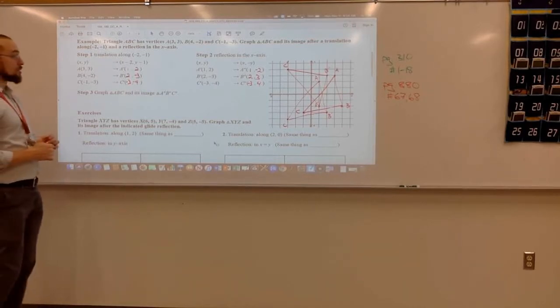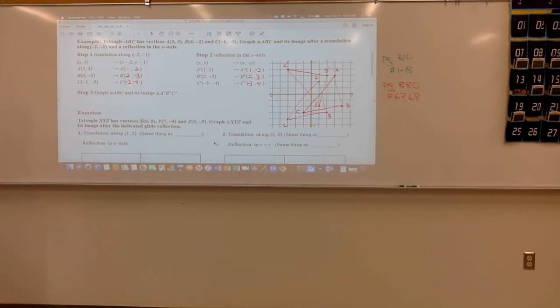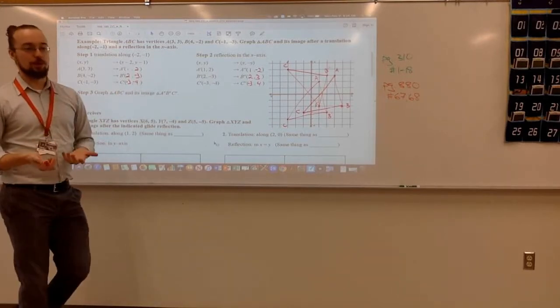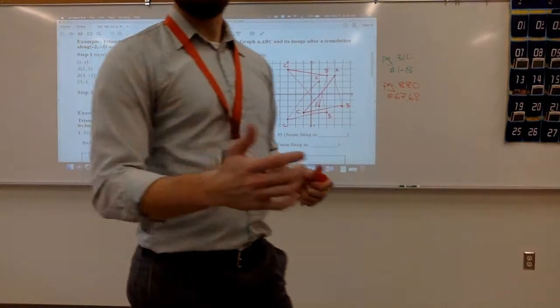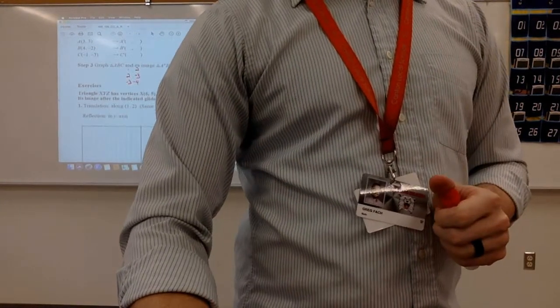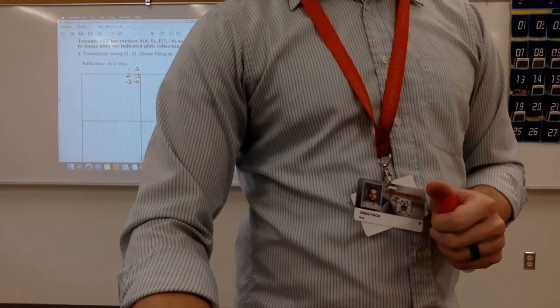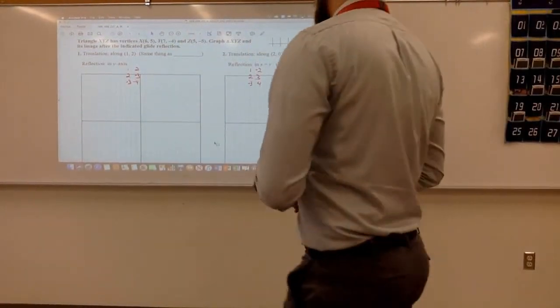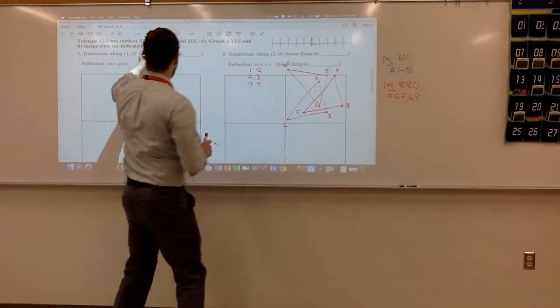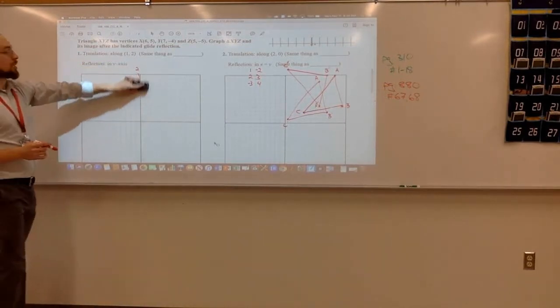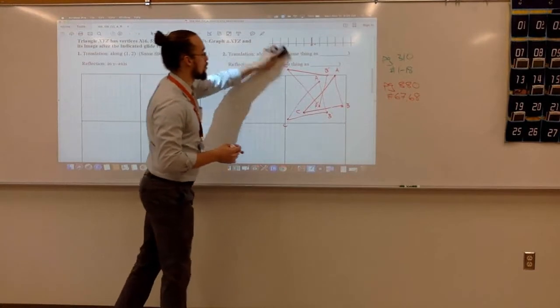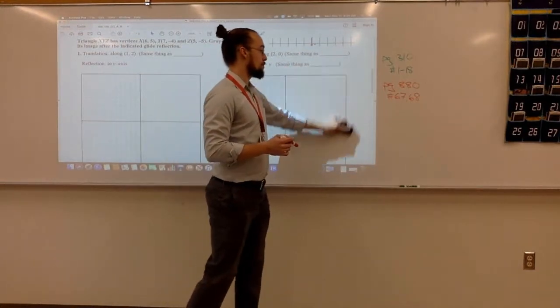Okay. So we did that as we were going. We already graphed it. On the bottom, we are taking this triangle, triangle XYZ, and we're performing 2 operations on it for each problem.